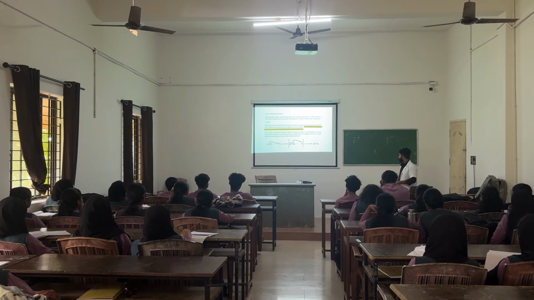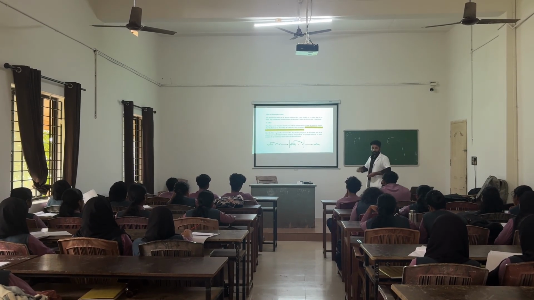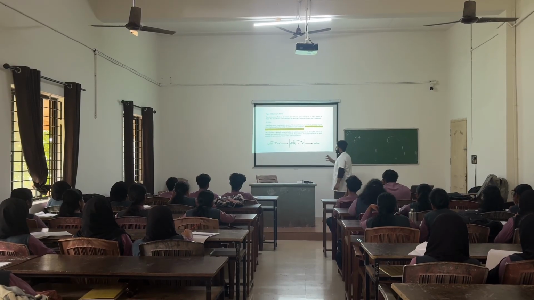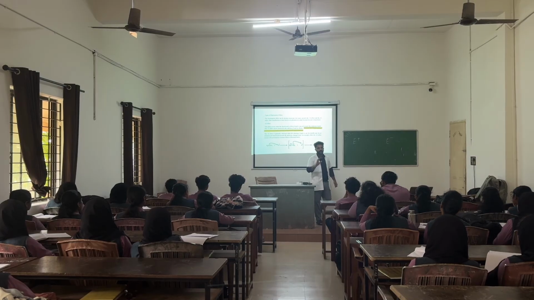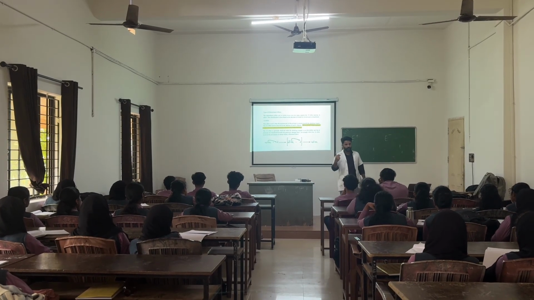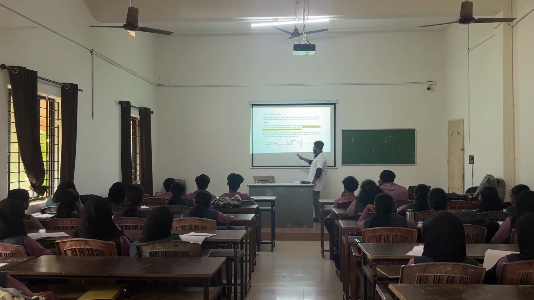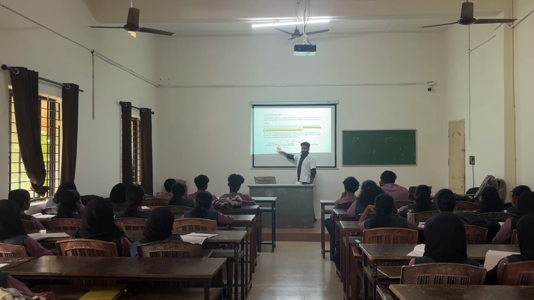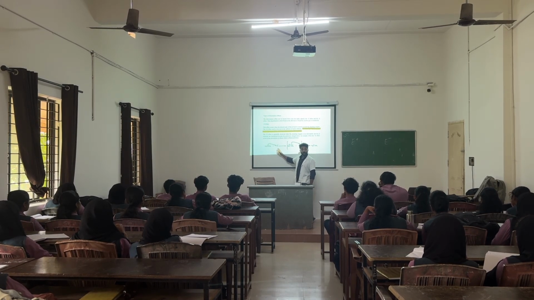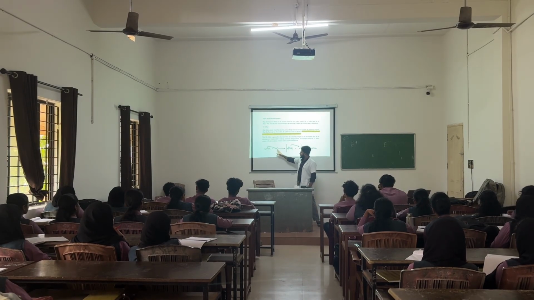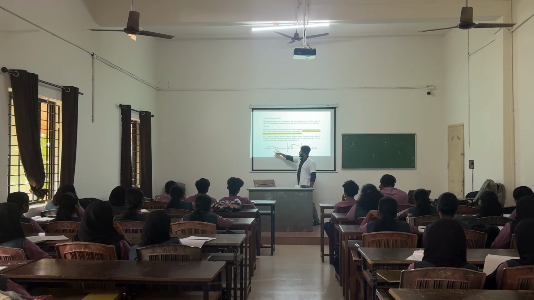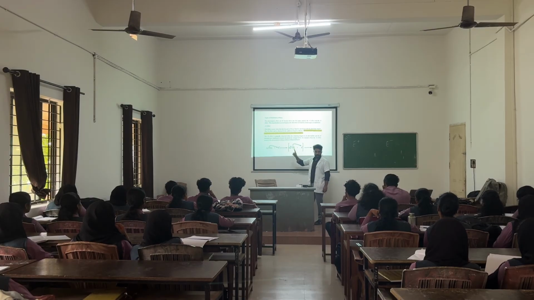Here from the reaction itself, we can see that the starting material, the compound undergoing the electromeric effect, is an alkene, CH2 double bond CH2. Here H plus means it is an electrophile. There is a shifting of electrons, right?